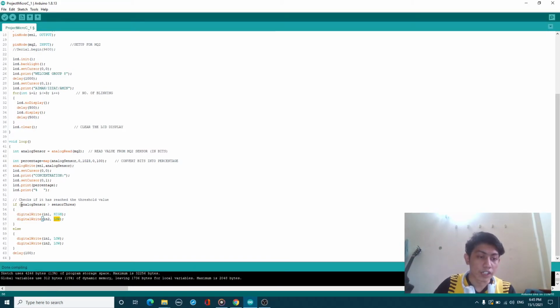And if the analog sensor is less than sensor threshold, it will make IN1 and IN2 become low, and the entire code will delay about 0.1 second.